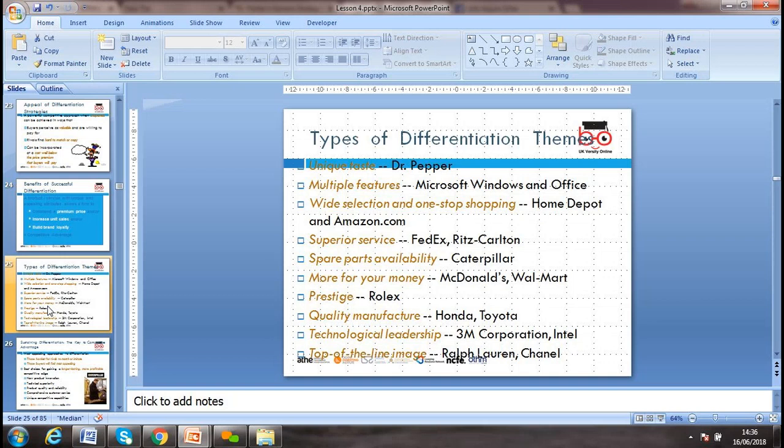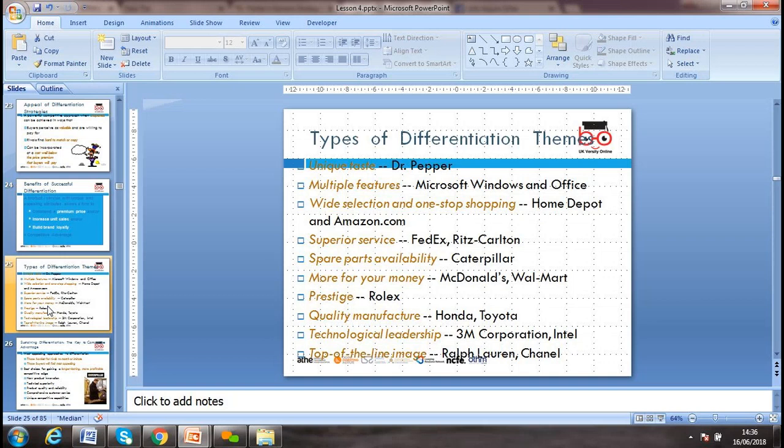Superior service, FedEx, and hotels like Hilton. Spare parts availability, Caterpillar. Caterpillar is the company making big dumpers and things, also used for forklifts.